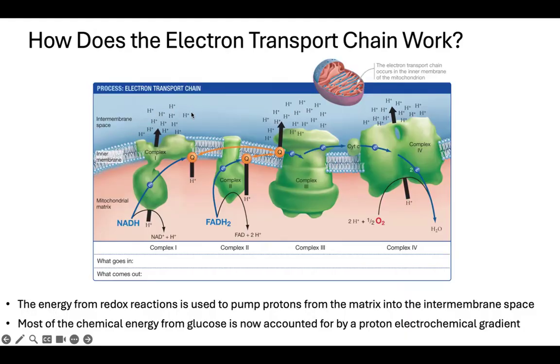They're protons, but they don't have the electron in the orbital anymore. It got taken by coenzyme Q and cytochrome C. And so here we're building up this gradient inside the mitochondria.